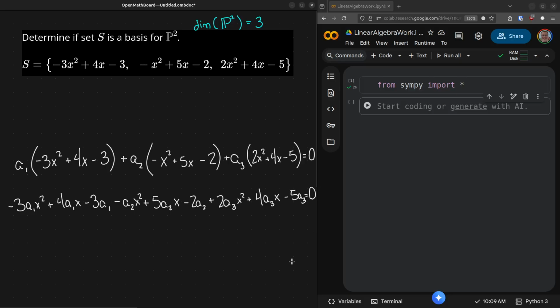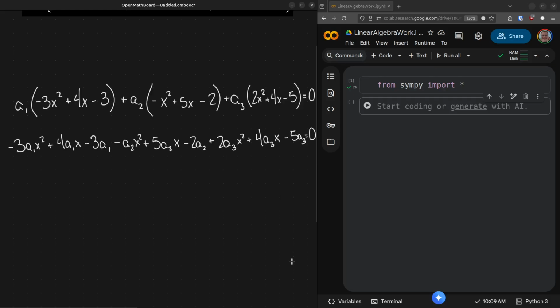Now let's combine like terms. So my x squared terms, I have this one, this one, and this one. So I get negative 3a1 minus a2 plus 2a3, and then I'll factor out the common x squared. Let's do all of the terms with x now. That'd be 4a1x, 5a2x, 4a3x.